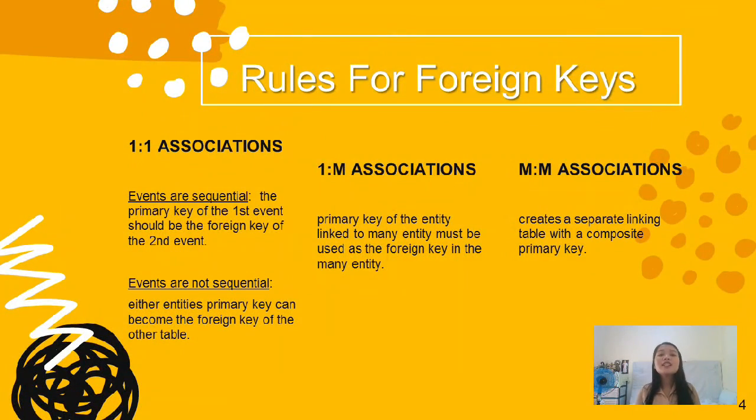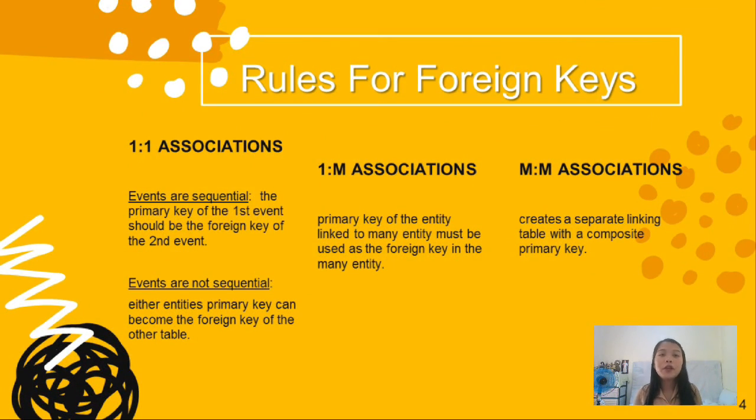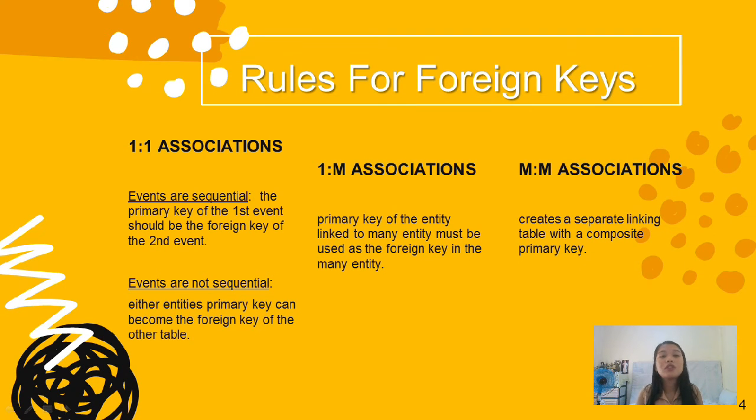Now, let us proceed to rules for foreign keys. Foreign keys are assigned depending on the degree of association between tables. These are the one-to-one, the one-to-many, or the many-to-many. Key assignment rules for linking tables had been discussed in previous chapters, but we will briefly refresh them here. So the first one is the keys in one-to-one associations.